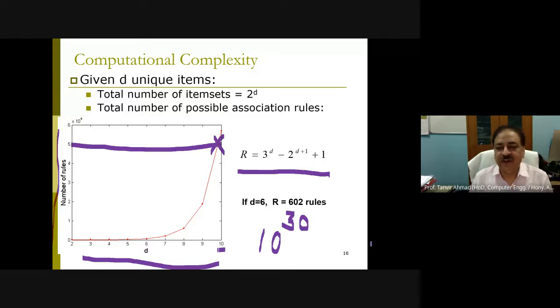You have to find an algorithm which should scale well when the number of item sets keeps on increasing. The algorithm should be scalable. And the algorithm which we discuss right now is not at all scalable. It will work for a very small data set.